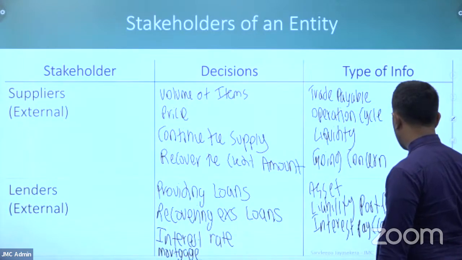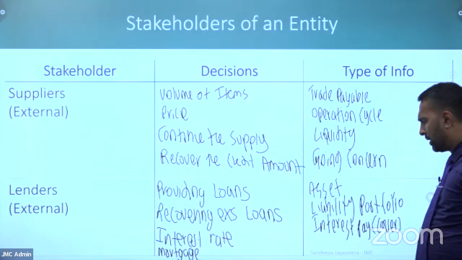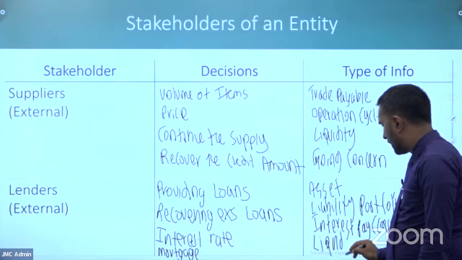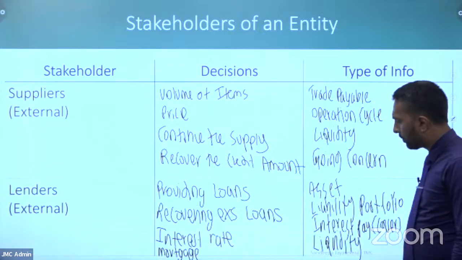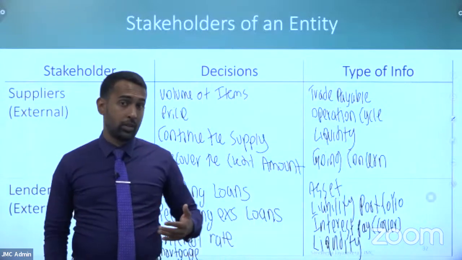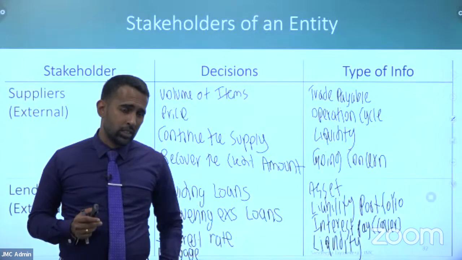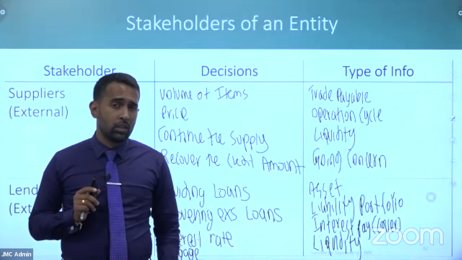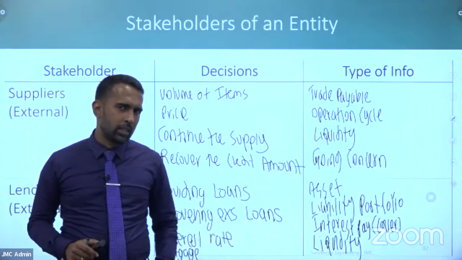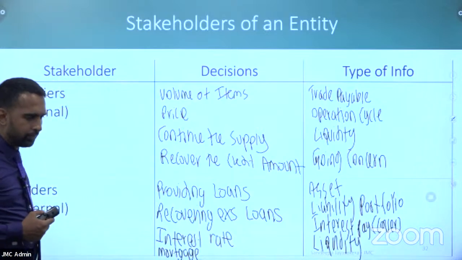How do you pay the interest? And how about the liquidity of the business? Like that you are looking at several sets of information. Whether this business has sufficient assets, do they have enough cash flow, okay, how about their liability portfolio, the liabilities side. Like that they are looking at certain information.